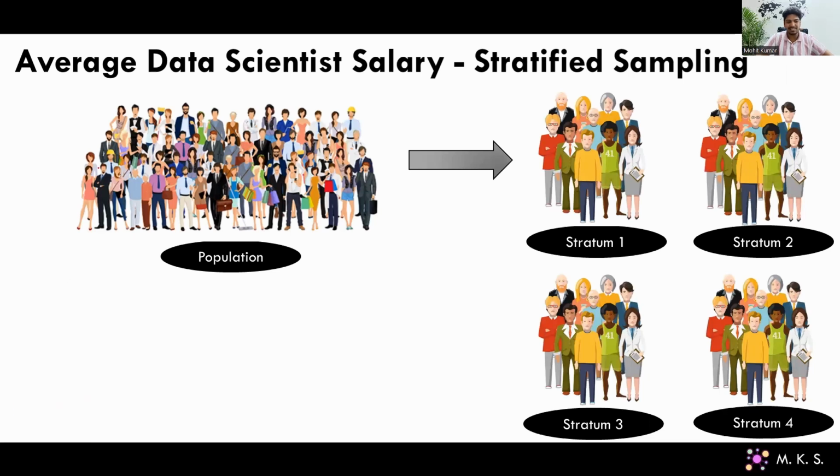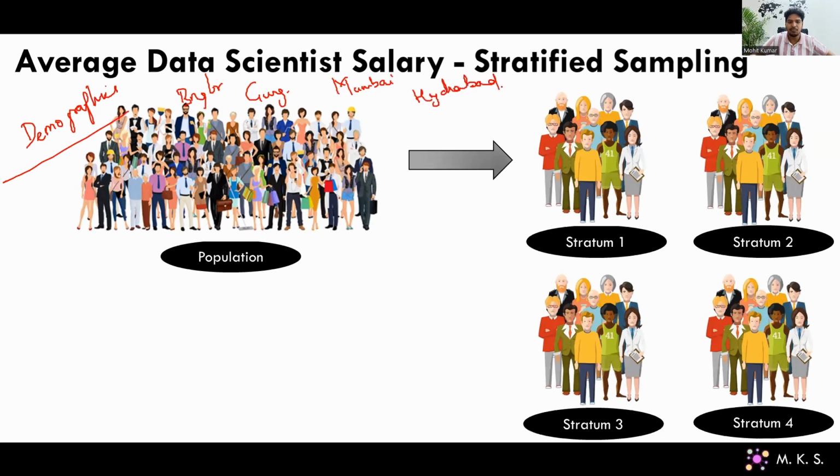Now, what will happen in stratified sampling? Let's say first we want to solve across different demographics, right? So now across different demographics, we have multiple states, or you can say cities. Let's say we have Bangalore, we have Gurgaon, right? We have, let's say, Mumbai, and we have, let's say, Hyderabad.